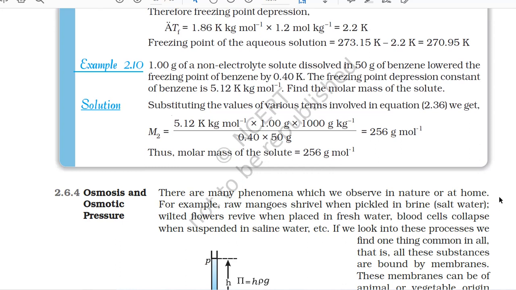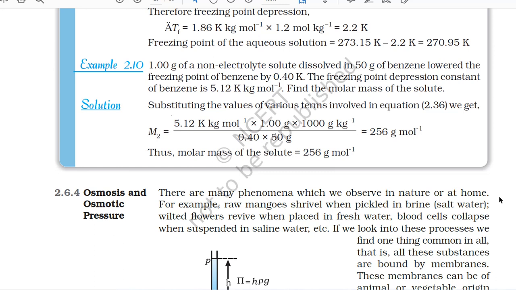Example 2.10. 1 gram of a non-electrolyte solute dissolved in 50 gram of benzene lowered the freezing point of benzene by 0.40 Kelvin. The freezing point depression constant of benzene is 5.12 Kelvin kg per mole. Find the molar mass of the solute. Solution.